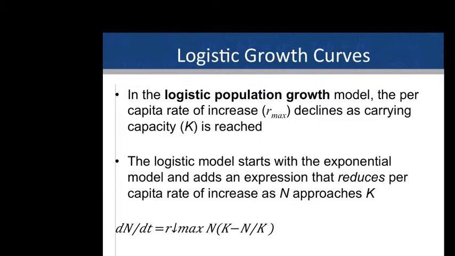That's important to note. The logistic model starts with the exponential model and adds an expression that reduces per capita rate of increase as N approaches K, which is the carrying capacity. Also emphasize that logistic is as in logarithm, so keep that in mind, those of you that are in math class.